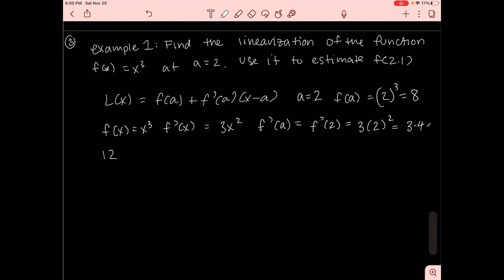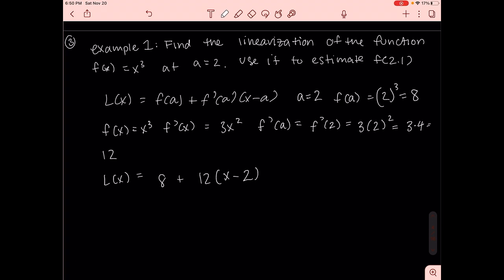So now let's plug in what we have. L of x is equal to 8 plus 12 times x minus 2. So we've gone ahead and we have linearized this function.